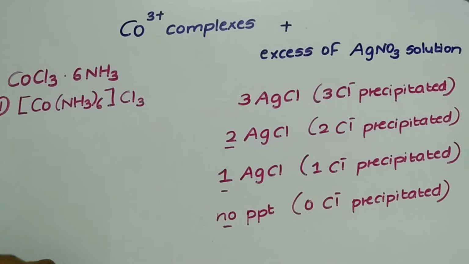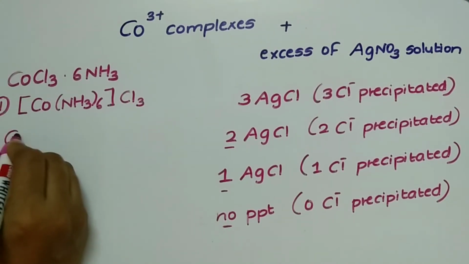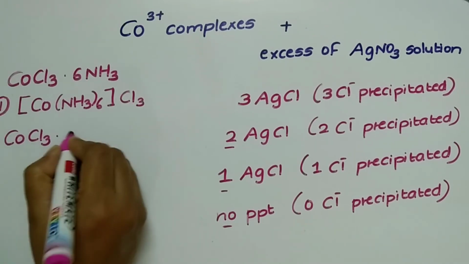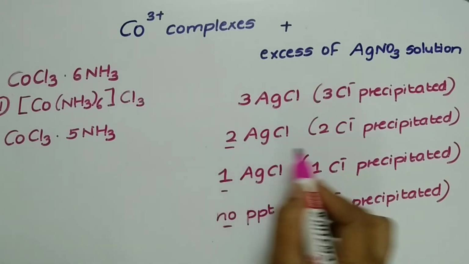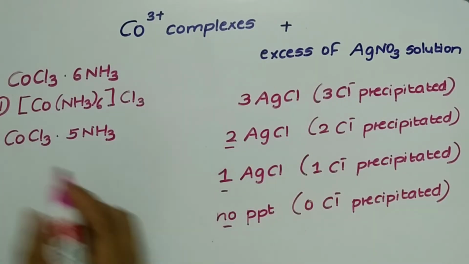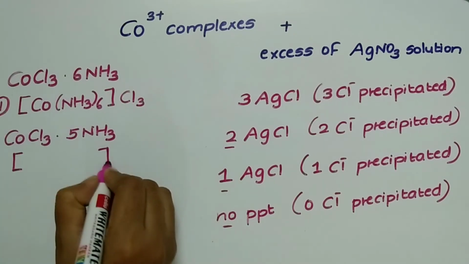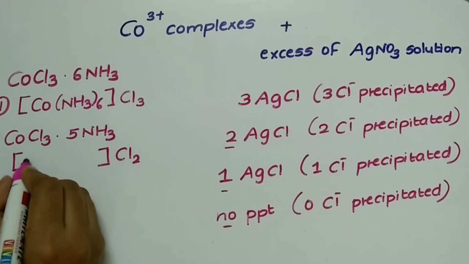For the second one, what was the complex taken? CoCl3, 5NH3, right? At that time 2 AgCl, that means 2 chloride ions were precipitated. So 2 chloride ions should be outside the square bracket, so I will write it as Cl2. Now what is left here?